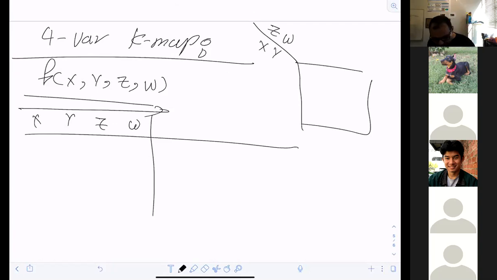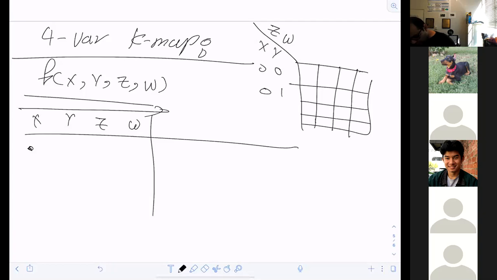Why? Because this table is covering how many minterms, how many states? 16. Why? 2 to the 4. Yes. So here 1, 2, 3, and 1, 2, 3. Now I have the combination 0, 0, 0, 1, 1, 1, 1, 0.